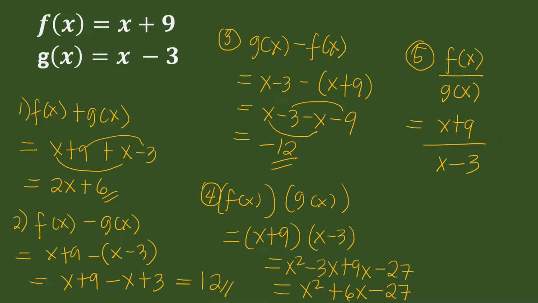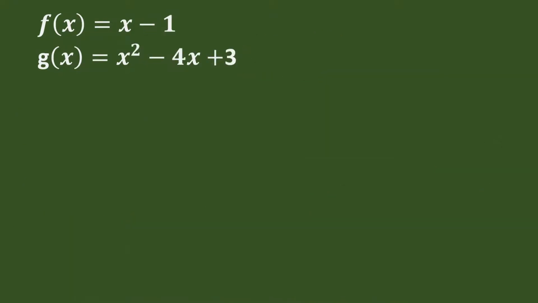Since we cannot cancel this one, there's no common factor, therefore our answer will be x plus 9 all over x minus 3. Just a reminder, we cannot cancel x and x, nor cancel 9 and negative 3. They are binomials. Okay? So we go to the next example.